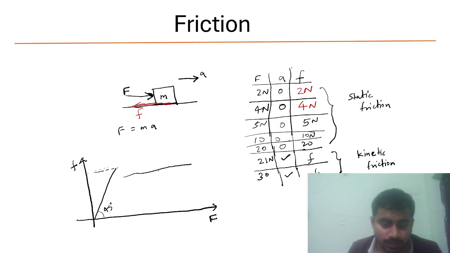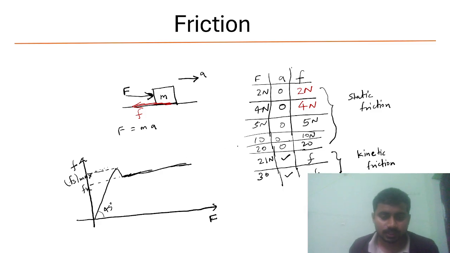From experiment, they found that the force when the body started moving is constant, and this is less than the maximum value of the static friction, and this will be called the kinetic friction.